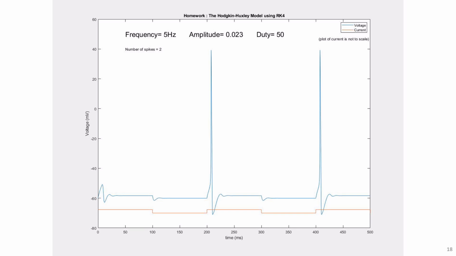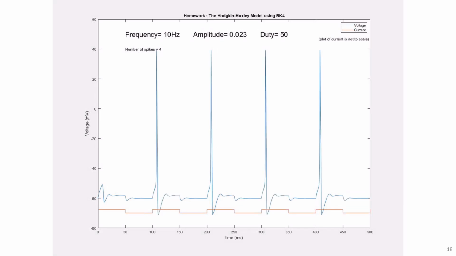I also fixed the duty cycle at 50%. I can lower it and I can increase it, and it would change stuff, but I just kept the duty cycle in the middle at 50%. I only changed the frequency, so as to not overwhelm with too many graphs. So it's just the square pulse at the bottom that would be changing only in frequency.